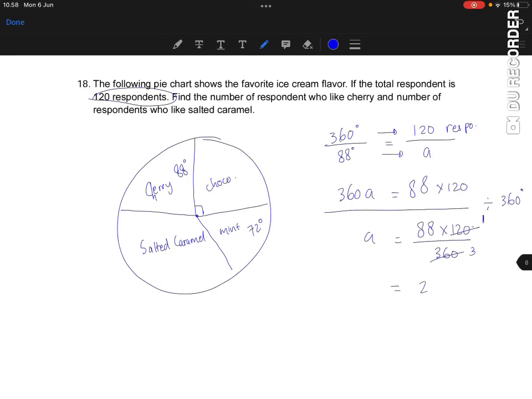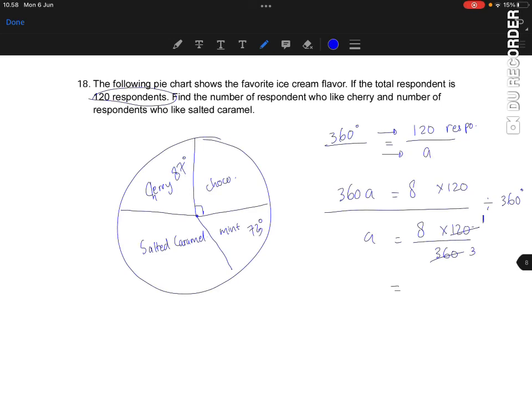29.3 degrees. Oh, respondent. It's not possible to get a decimal, I think it's better 87. Yes. Okay, sorry guys. I need to change it into 87, so there will be no decimal number of respondents here. There is no decimal respondent.